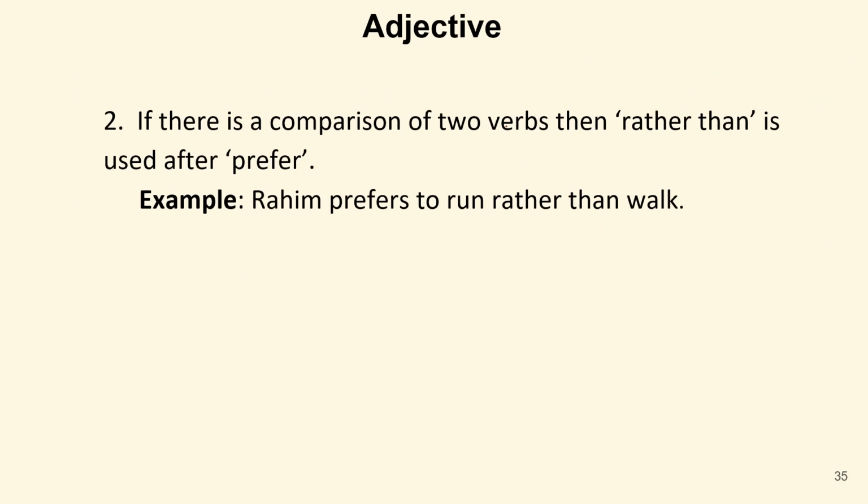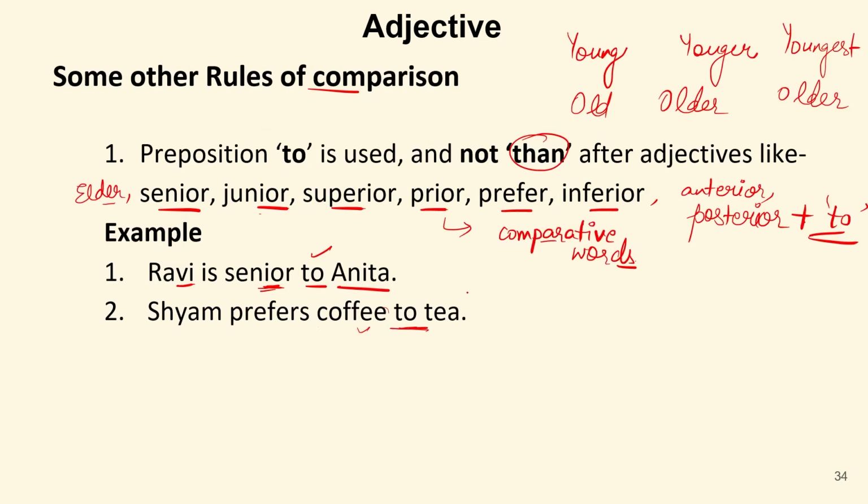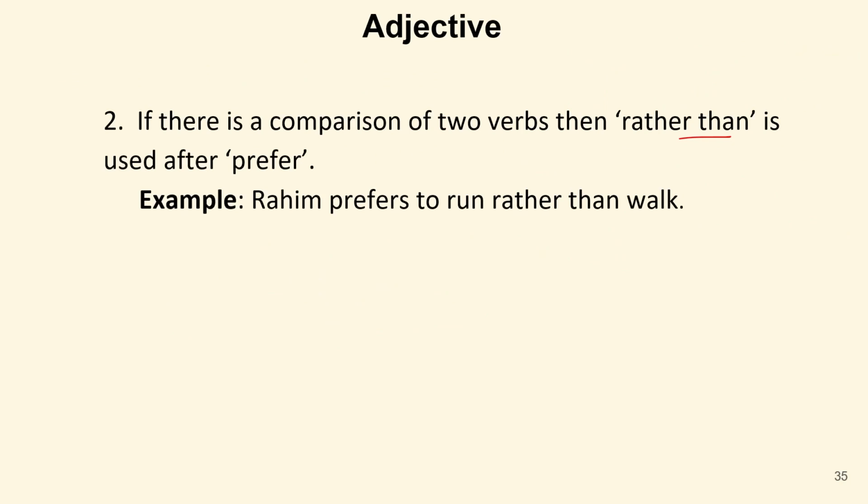Now, if there is comparison of two verbs, then rather than. In this case, we were using two nouns. We were comparing two nouns. Anita, Ravi, these are two nouns. Sham, then coffee, then tea, these are nouns. So whenever we use nouns, we use to to compare these two words. But when there is a comparison of two verbs, basically we use rather than, not to.